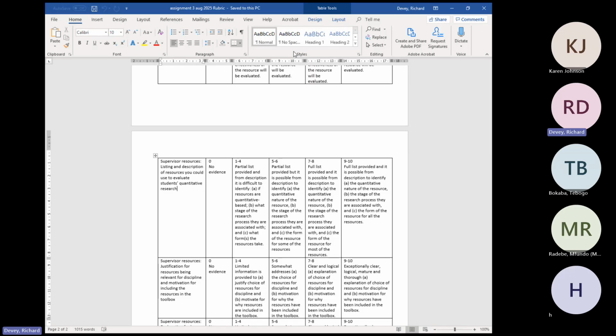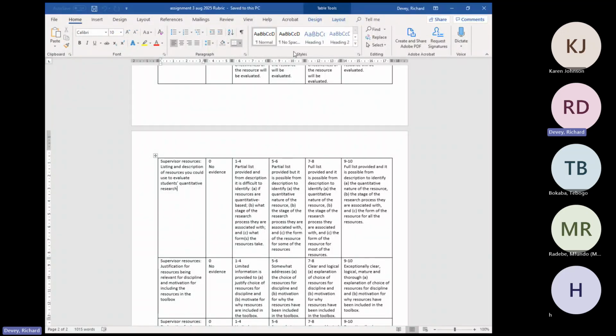I have a book as well, which I'll try and scan some chapters from that book for you. It's a recently published book about evaluating research. So it could be something like that, and they've got exercises in the book where you can do exercises to help improve evaluation skills, for example. So something like that is what you could use as the resource to help you evaluate the student's work.